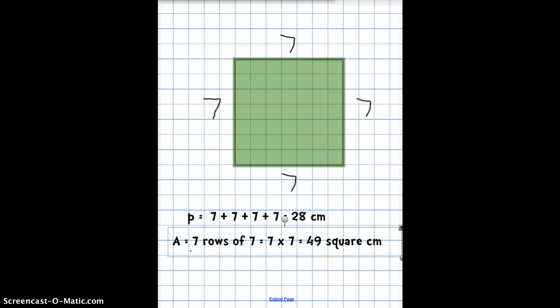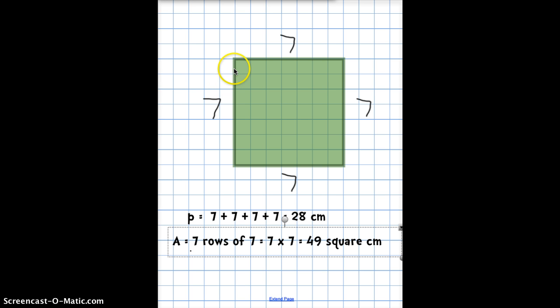Now, once we talk about area, we remind them that all year long, we have been talking about arrays. When we learned multiplication, students learned that there are 7 rows of 7 in each row. So area is not that big of an advancement from what we've been doing all along.